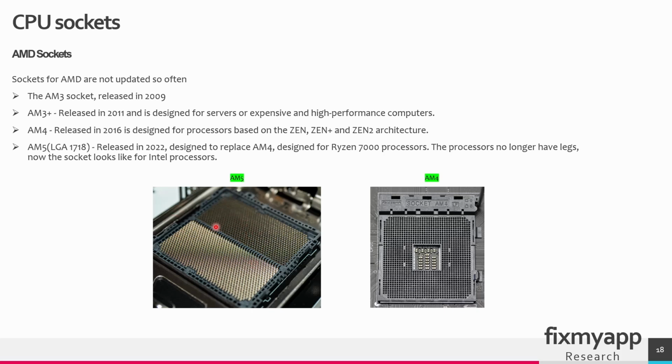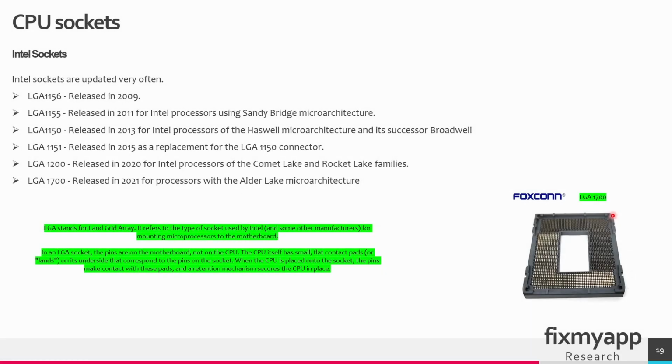When you place the CPU onto the socket, the pins make contact with these pads, and a retention mechanism secures the CPU in place. And this is an LGA socket from Intel. LGA stands for Land Grid Array, and the number here gives the number of pins available in the socket.